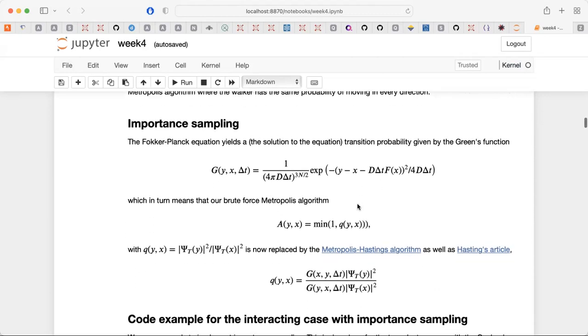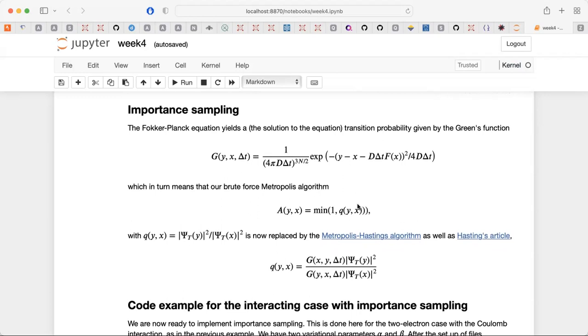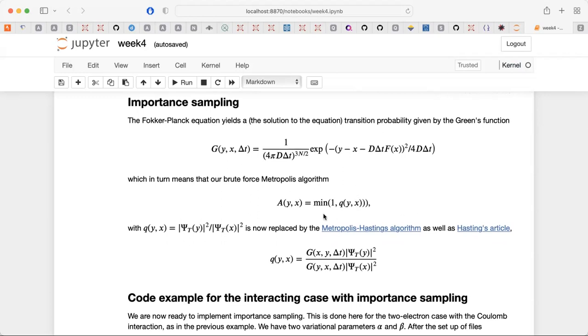So let me guide you through how we can program this type of equation. One thing you will notice in the program, if you look at the expression, which contains the ratio of the wave functions and then the ratio between these two probabilities, is that one thing you would not like to do is to calculate the exponentials for both the numerator and the denominator.